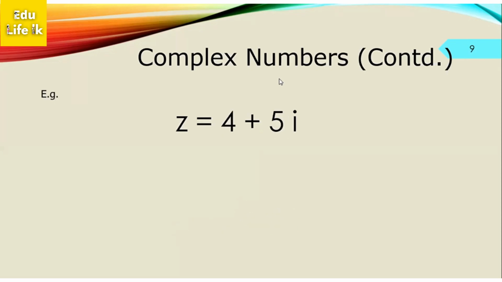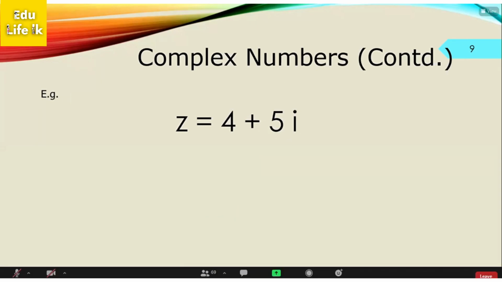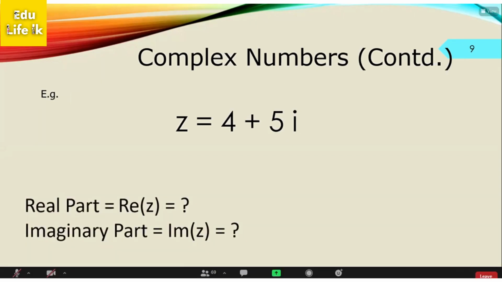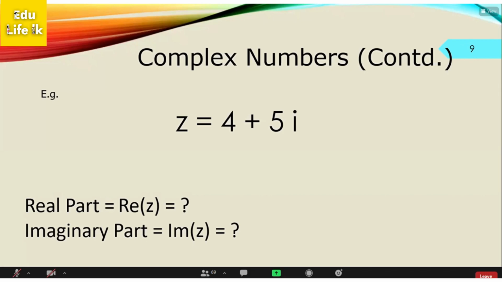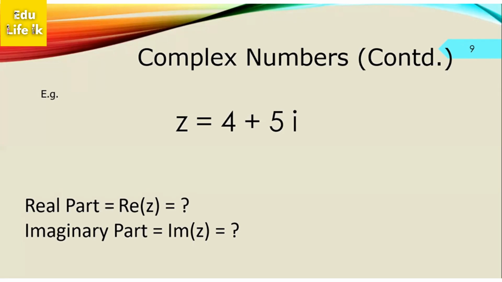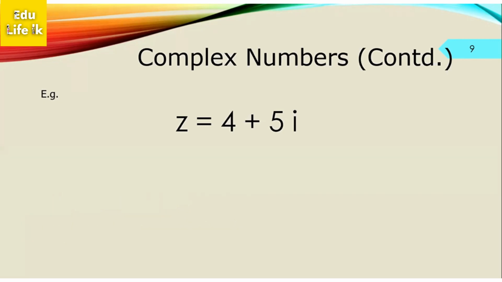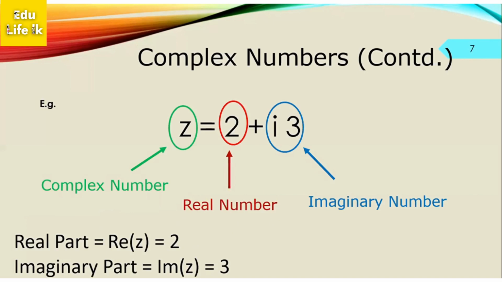Now, another example. If you understand the earlier example clearly, now tell me what is the real part of z and the imaginary part of z. For you, I can show you the earlier example.